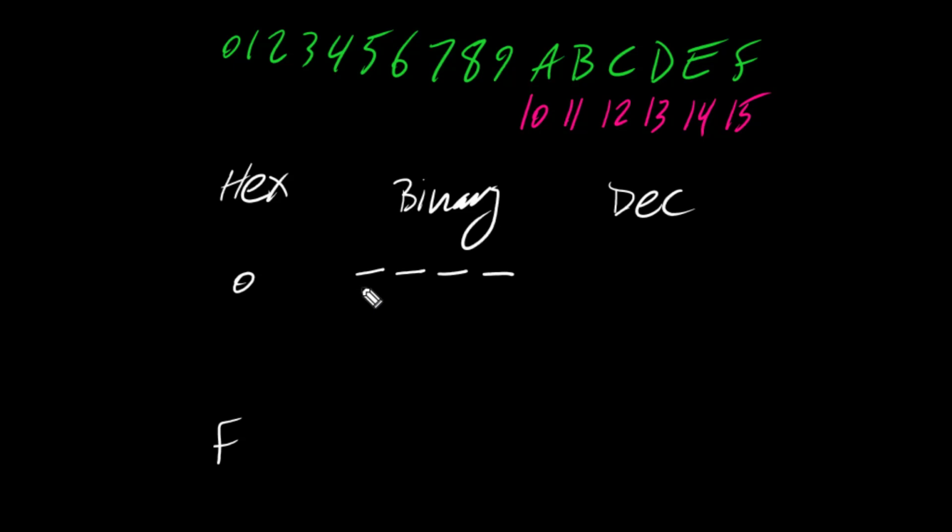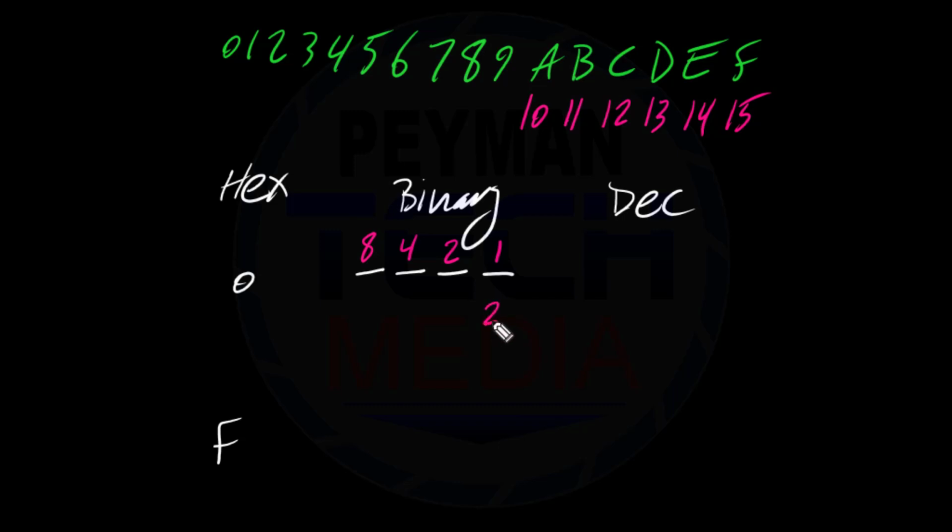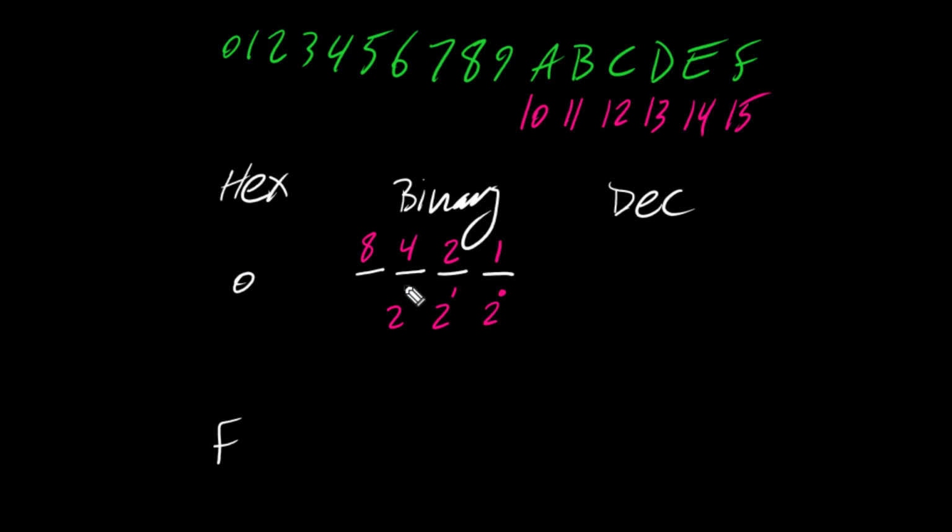Let's put the 4 bits and the place values 1, 2, 4, 8. It's basically 2 to the power of 0, 2 to the power of 1, 2 to the power of 2, 2 to the power of 3. Why 2? Because in binary the base is 2, and these are the bit positions 0, 1, 2, 3, and we get our decimal values 1, 2, 4, 8.